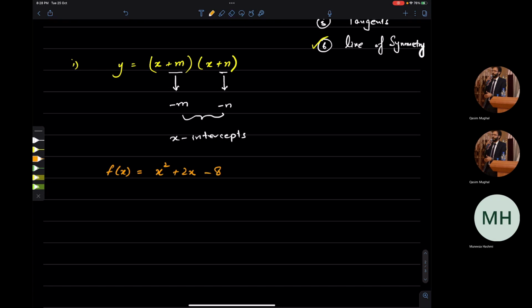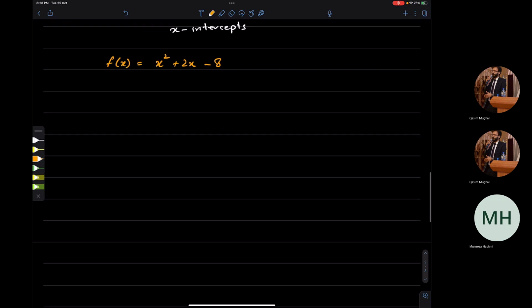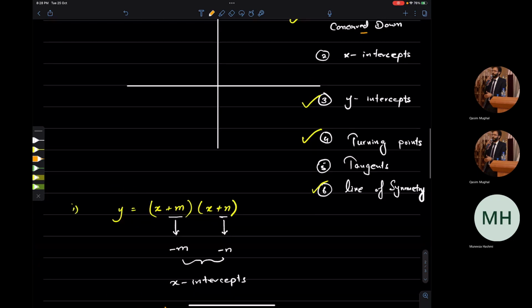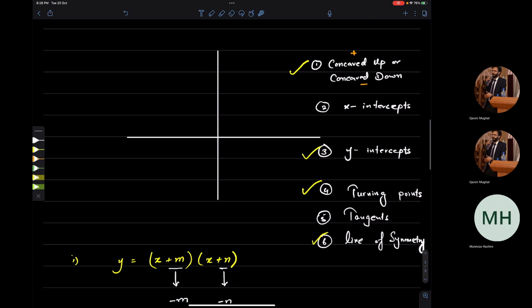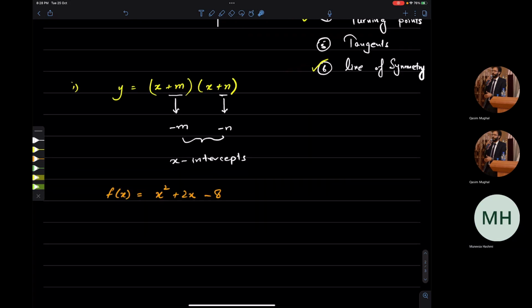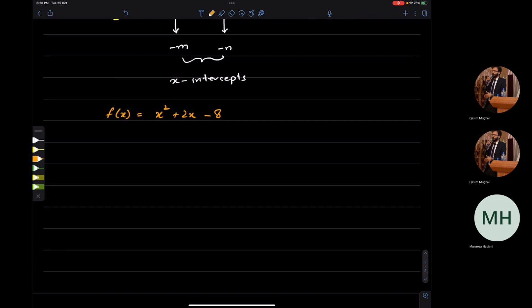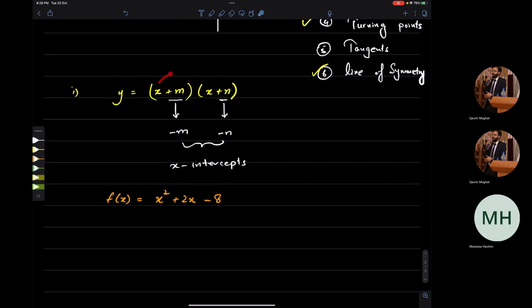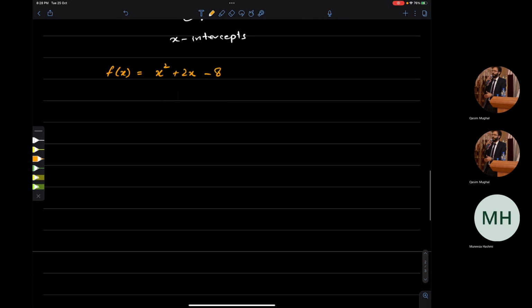For example, this is the quadratic function you have, and the examiner asks you to find out if the graph is concave up, find out the y-intercept, turning points, and the line of symmetry. For now, I'm just focusing on the x-intercepts. Now, x-intercept is going to be, as I stated earlier, we need to look if we will be able to factorize this or not.